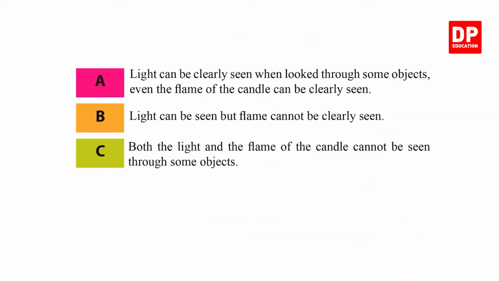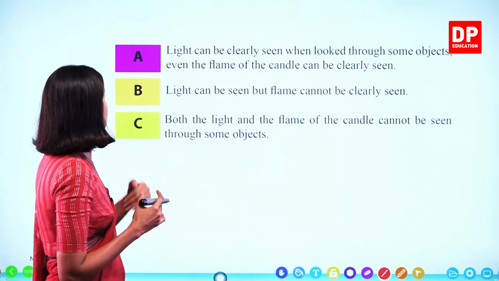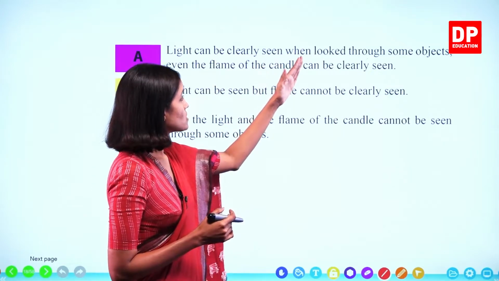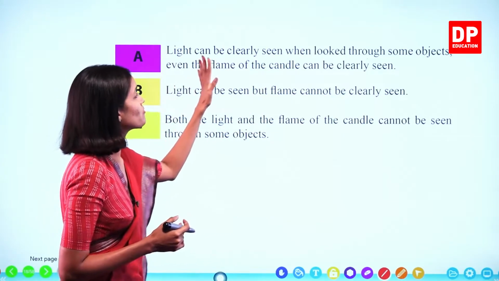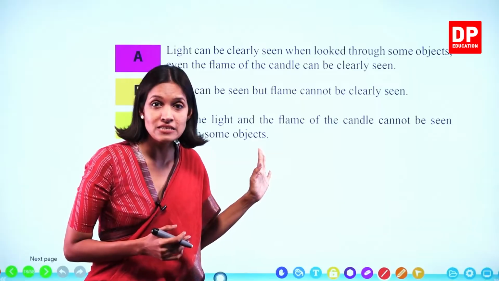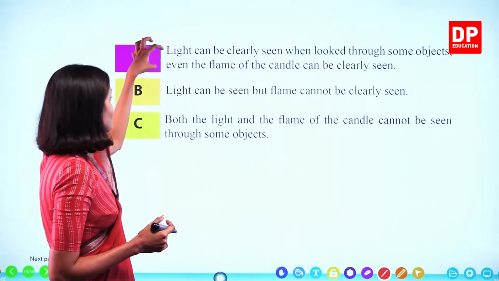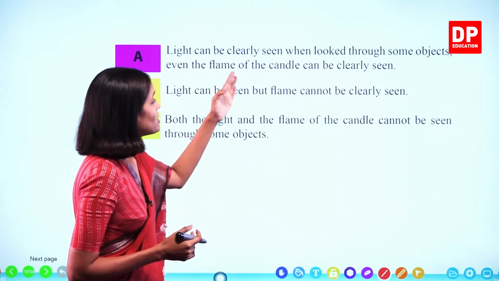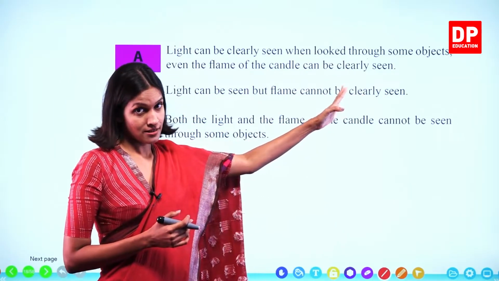Okay, look at this one. So all these things we discussed are categorized under these three groups. A. Light can be clearly seen when looked through some objects. Even the flame of the candle can be clearly seen. So that group is named as A. Okay? Light can be seen, but flame cannot be clearly seen. Right?